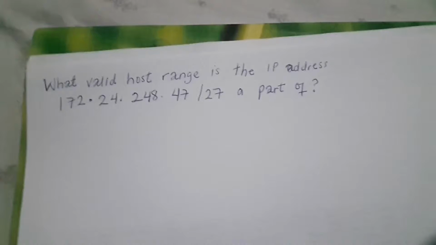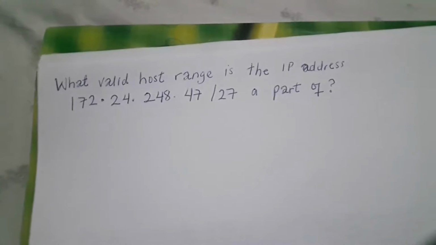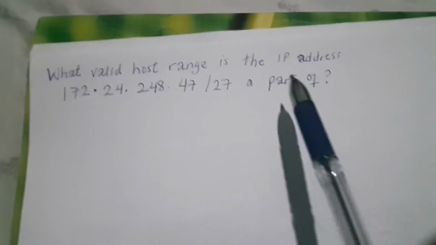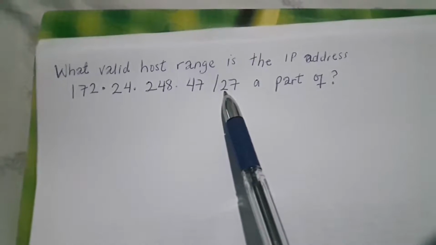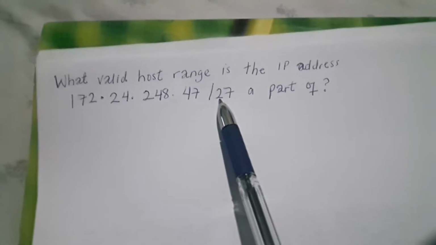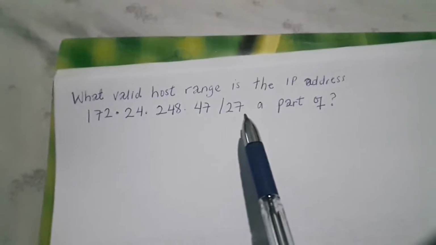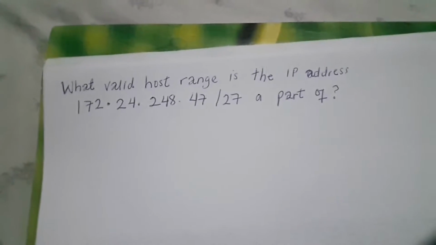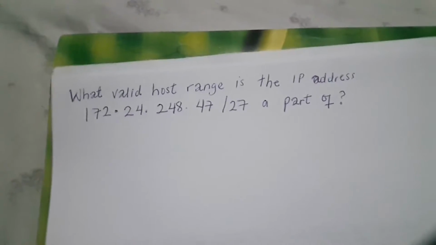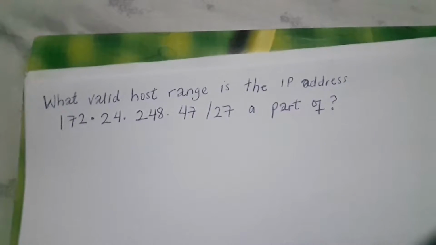Okay, so let's go. What are we going to do here tonight? The first thing we're going to find is the borrowed bit, because they give us /27. So I'm advising that we identify the borrowed bit from the 27, and the default is 32, because we are dealing with 4 groups of 8 bits.